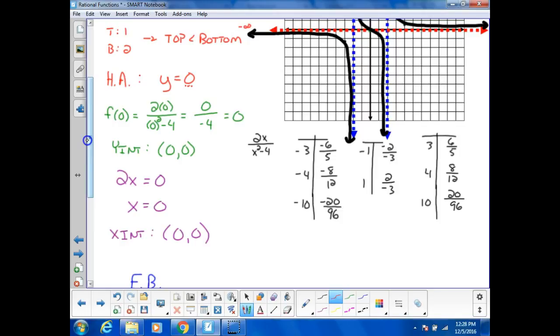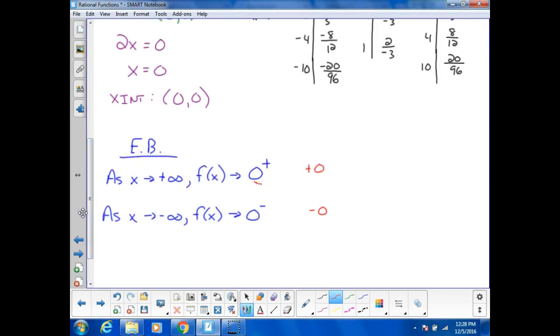So if we had an actual number there, like 2, so if I had 2 from above and 2 from below, that doesn't mean the same thing as positive 2 and negative 2. Those mean two totally different things. Okay? So we have to be sure of what we're talking about there. But those numbers come from the horizontal asymptote. Okay? With me?